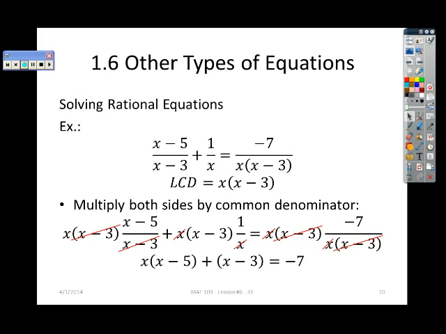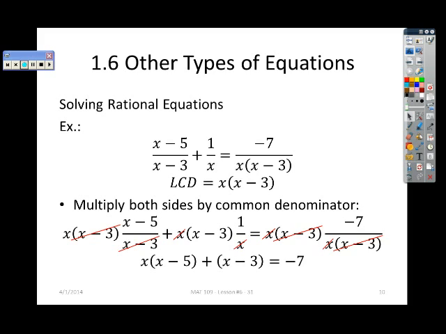And I have 1 times 1 times minus 7. And now I have a normal equation. No denominators. Actually, I got rid of all my denominators, they are 1. I don't have any fractions. I got rid of the number fractions as well as everything else. And that's normally what you're going to do. If you're going to get rid of a part of the fractions, might as well get rid of all of them. And then you're just working with whole numbers.